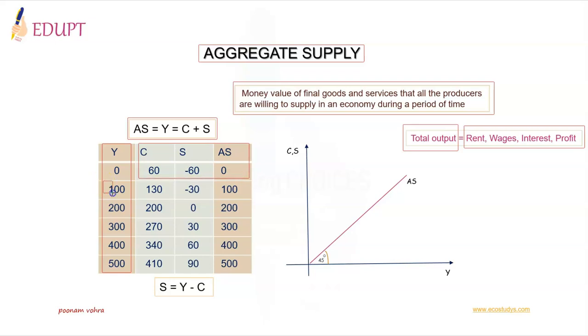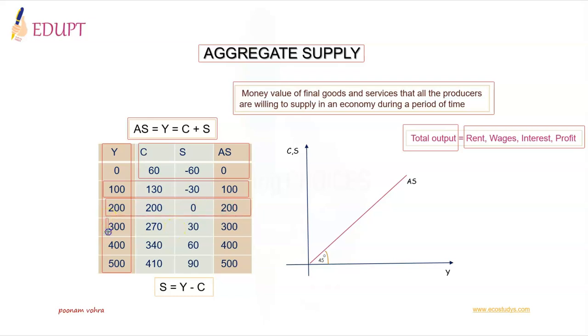When income is 100, consumption given is 130. So savings are now minus 30. Aggregate supply would be 100. When income is 200, 200 is spent on consumption, nothing is saved. Aggregate supply remains 200.